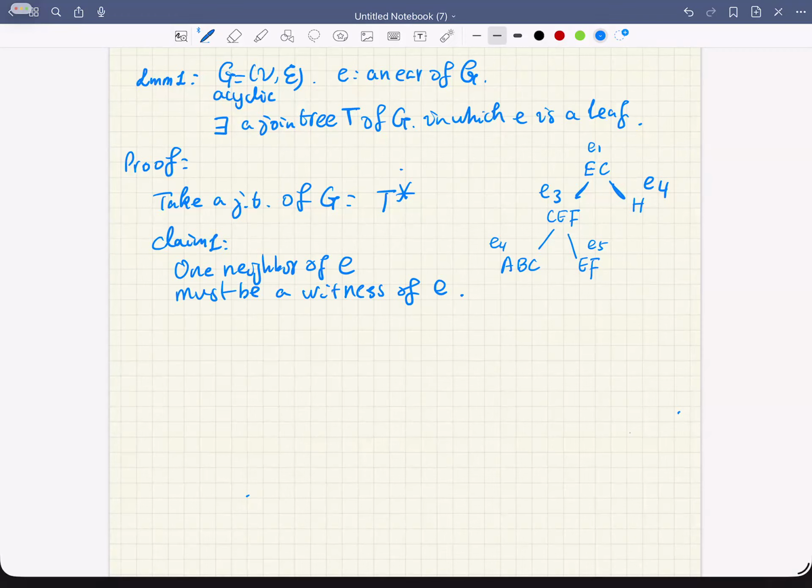Okay, so first of all, let's think about the shared vertices of E. Okay, you could say none. You could say none. But if you say none, I would say thank you very much. Why? So you say none. I know everybody can be my witness, right? So this means every neighbor can be my witness, right? So I would have said all neighbors of Yi are my witnesses, right? So I say thank you very much in that case, right?